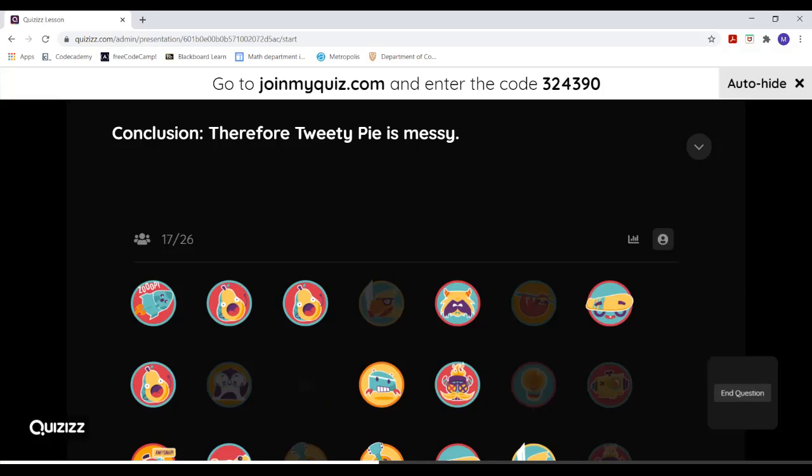P was, it is a pigeon, Q was, it is messy. So what is this doing? Is this a P or Q statement? Is it confirming or is it denying? The P or Q statement.